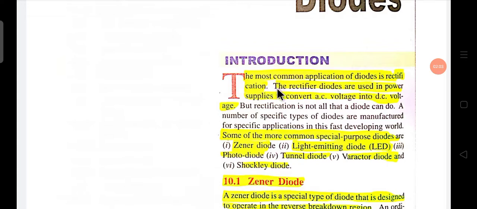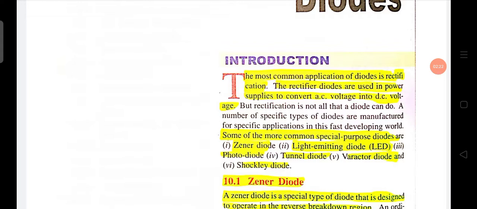Rectifier diodes are used in power supplies to convert AC voltage into DC voltage. That means the rectifier diode is used for converting AC into DC.